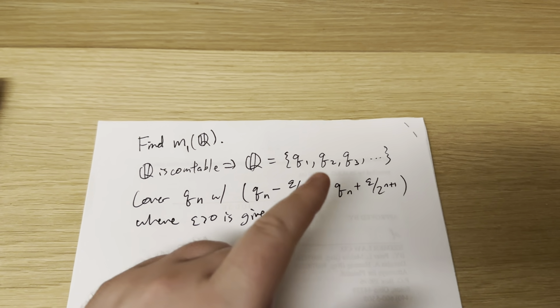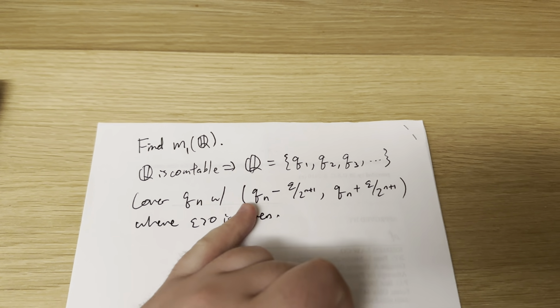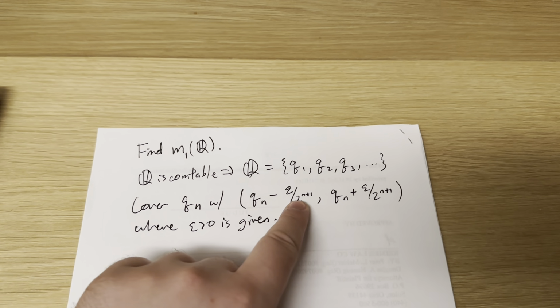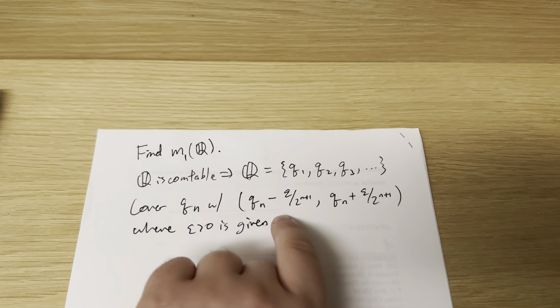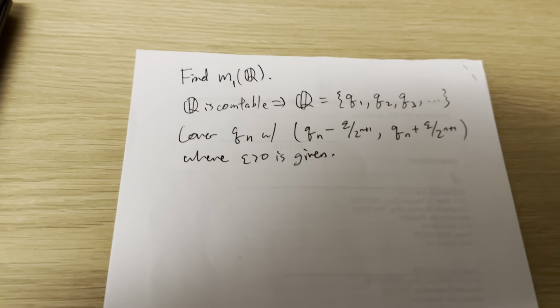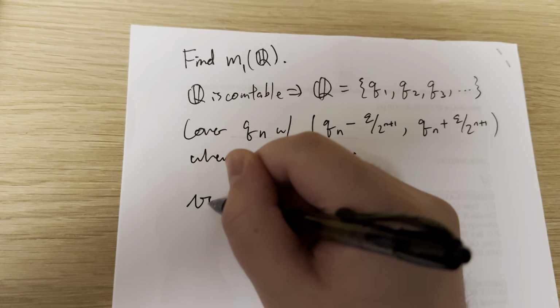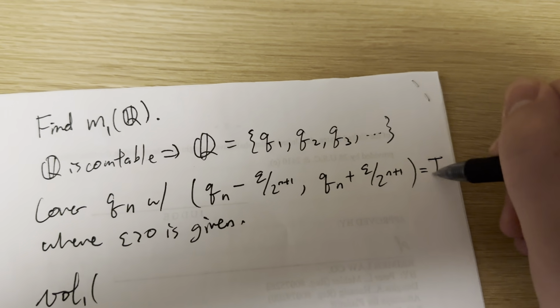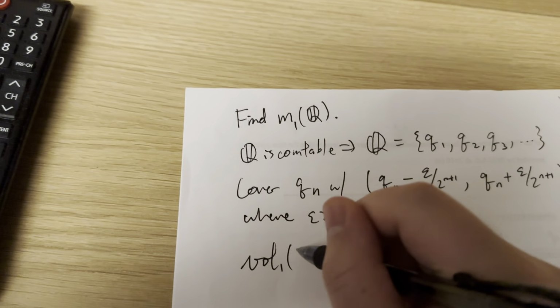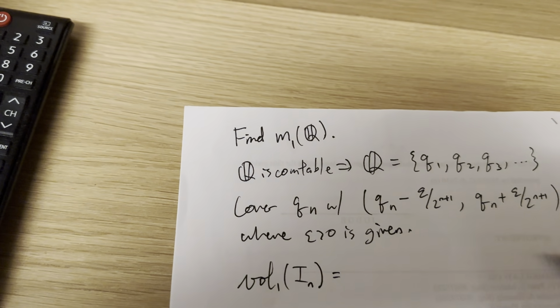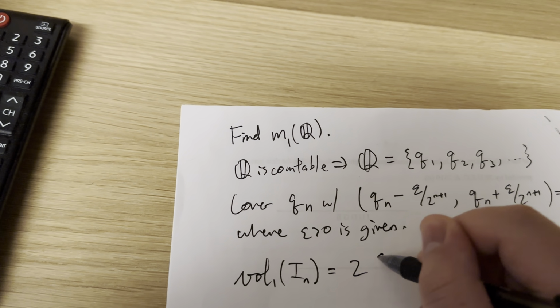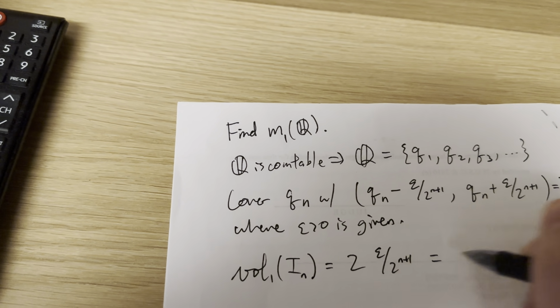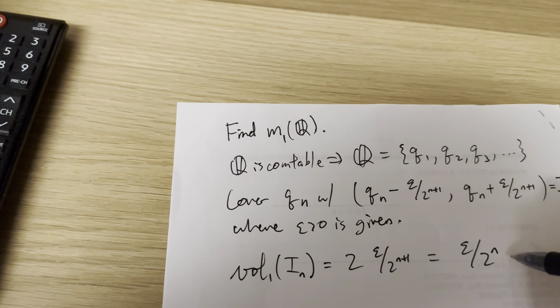But we take each, so what does this interval mean? It means that you take an interval, you center it at q_n, and you go out this amount this way, and you go out that amount that way. So that the volume, the one-dimensional volume of this interval, which I'll call I_n, is equal to 2 times epsilon over 2 to the n plus 1, which is just epsilon over 2 to the n.